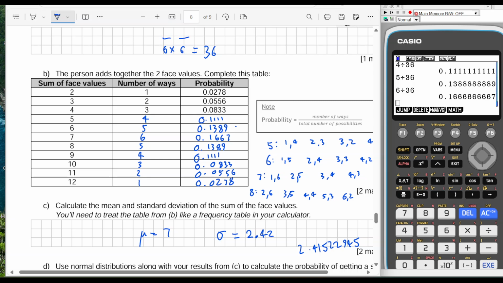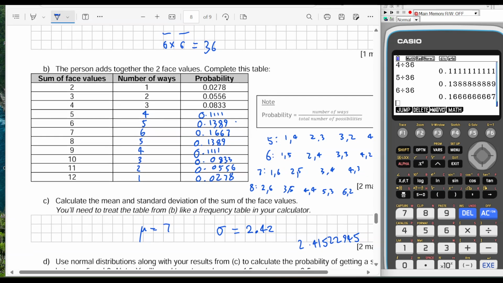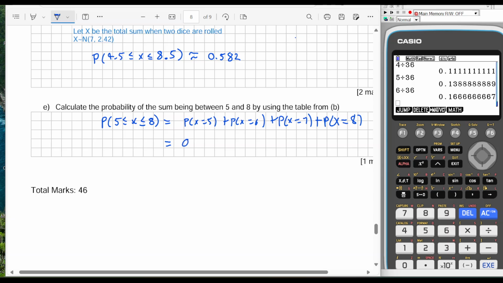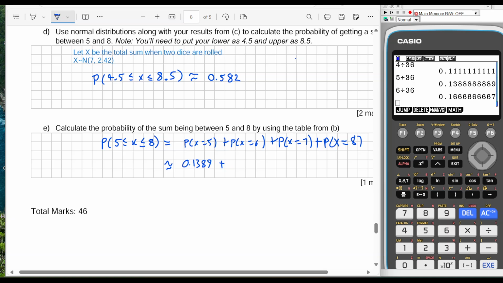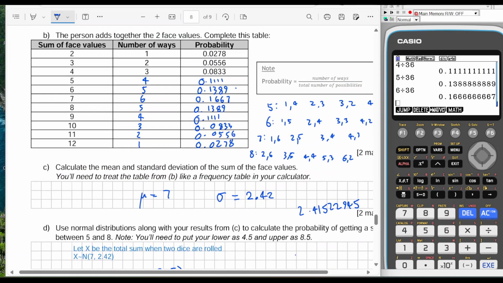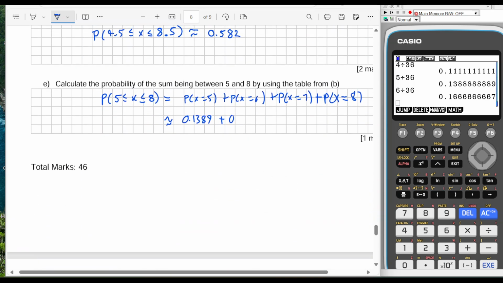I'll just do the decimals. So 0.1389. What's the first one? So we'll do a rough equals. I was going to go like the 5/36 version or something, but we'll just use the decimals. 0.1667.